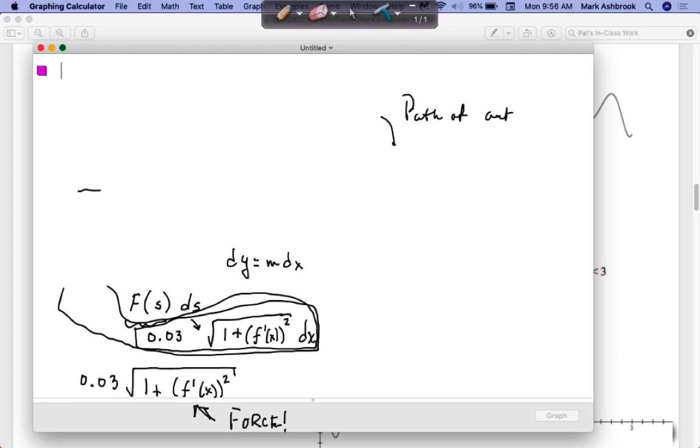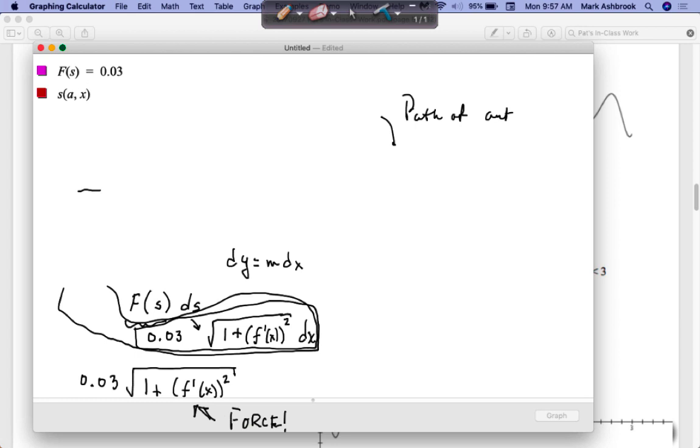First, we'll do the force function. And then, what is our arc length function?